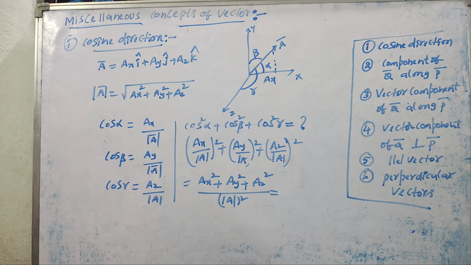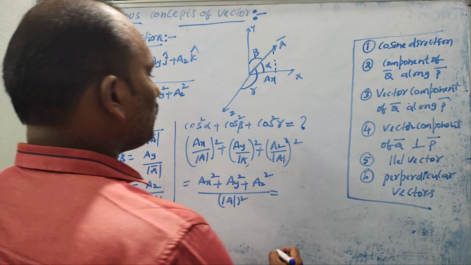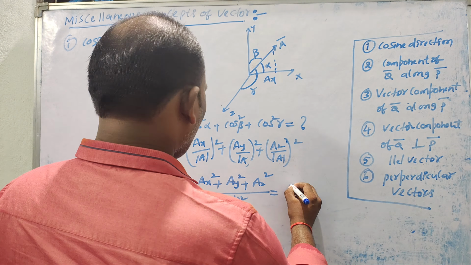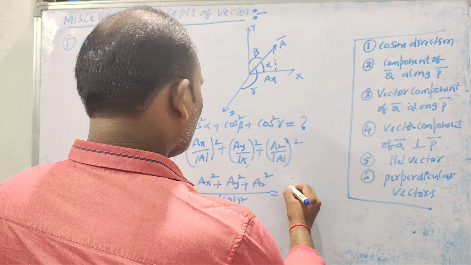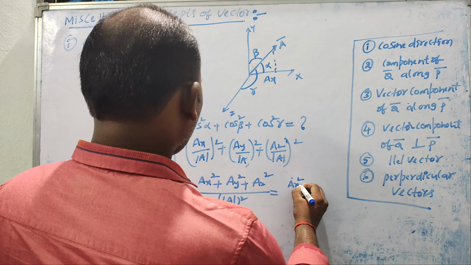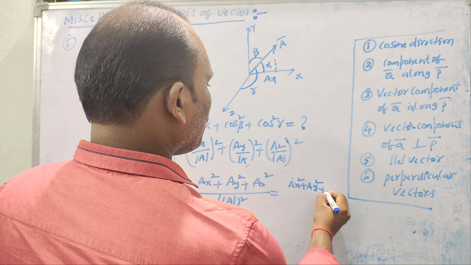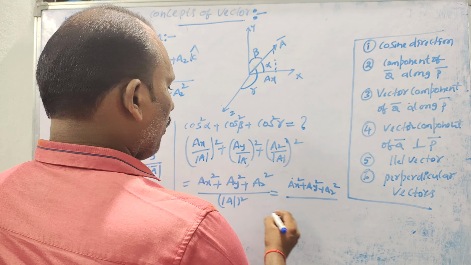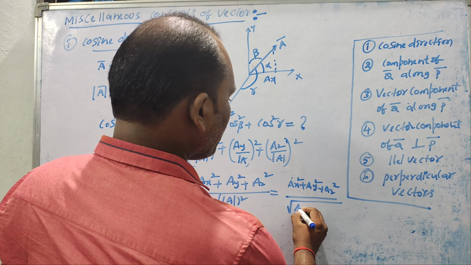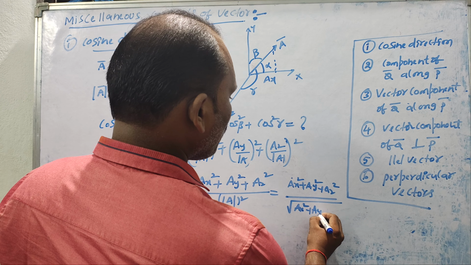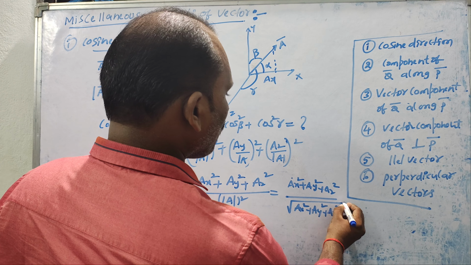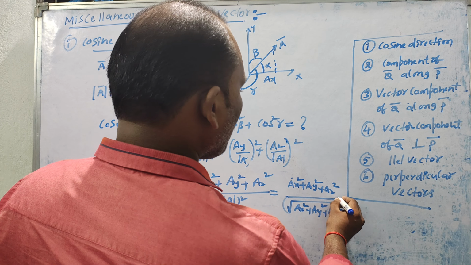Now modulus of A whole square means AX square plus AY square plus AZ square, as the square root and the square cancel.